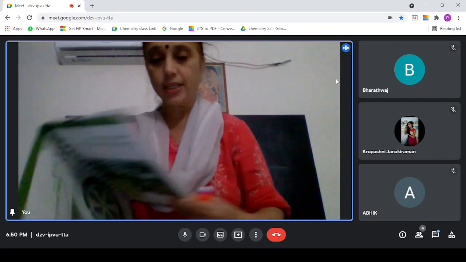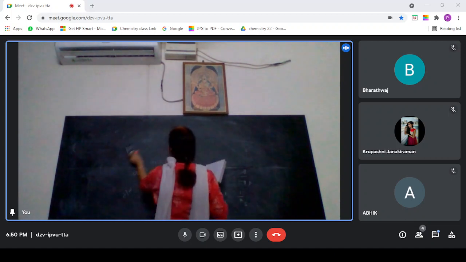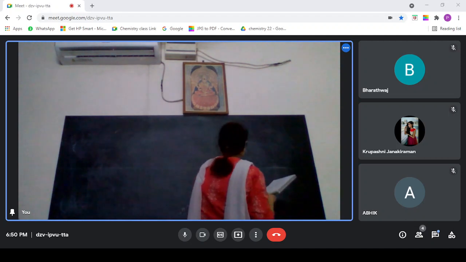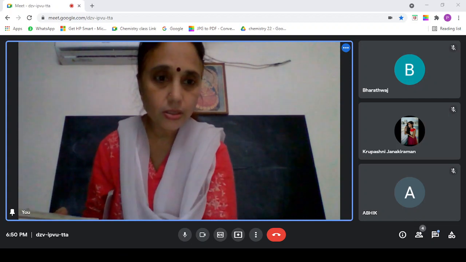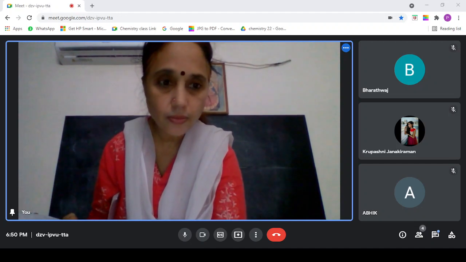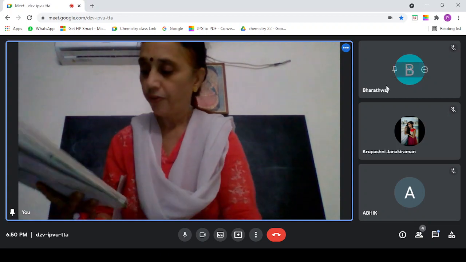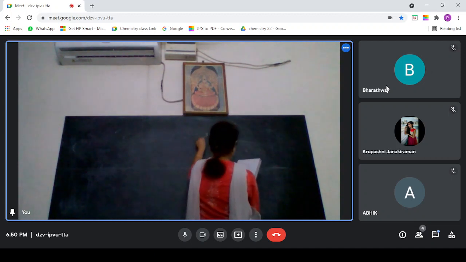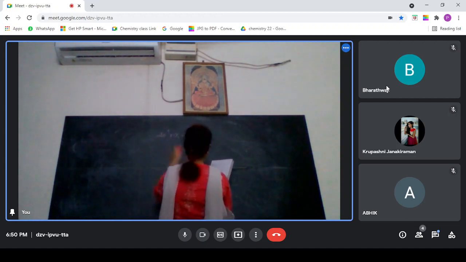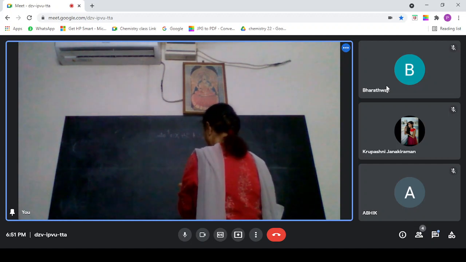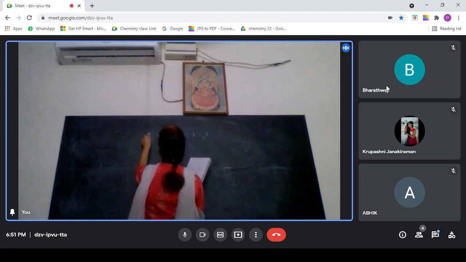The KH for oxygen dissolved in water is 4.34 into 10 to the power of 4 atmosphere at 25 degrees centigrade.